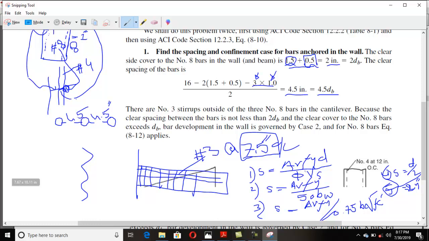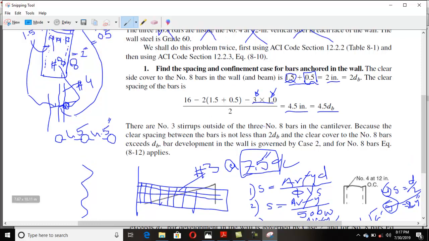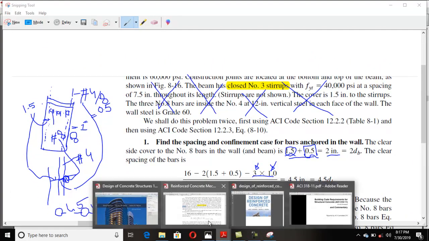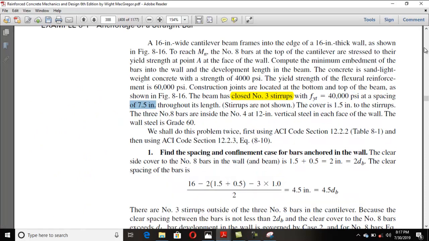So whenever you are using the two cases used for the development length formula, you have some restrictions.